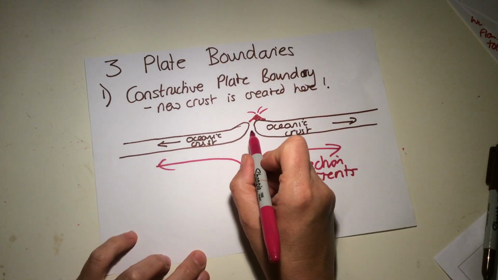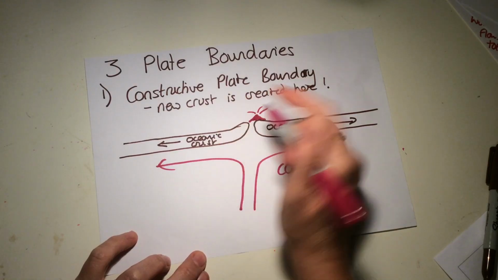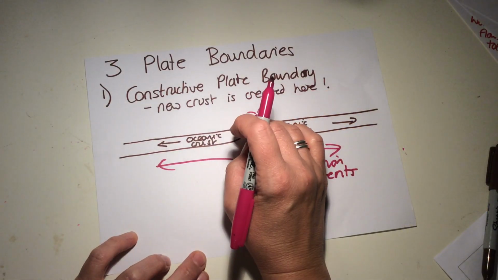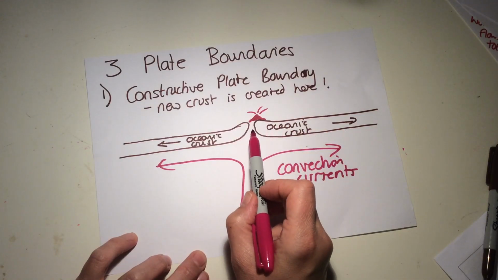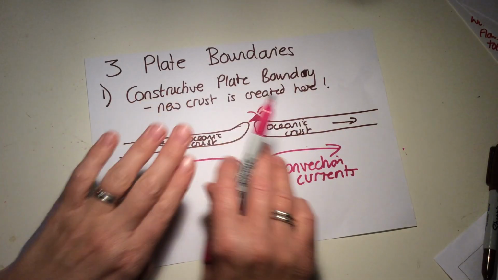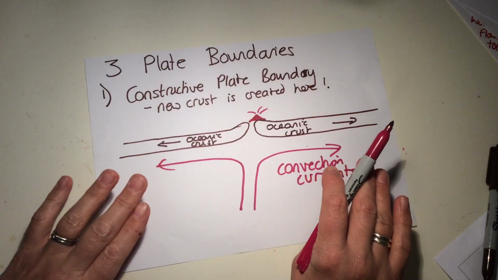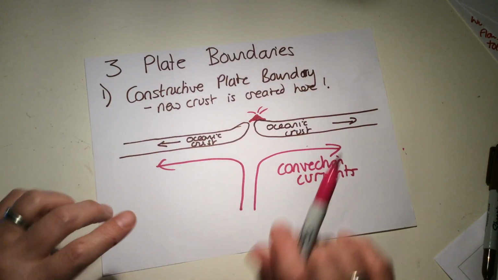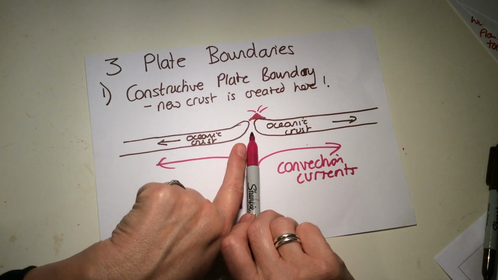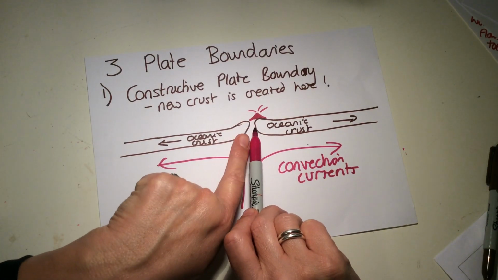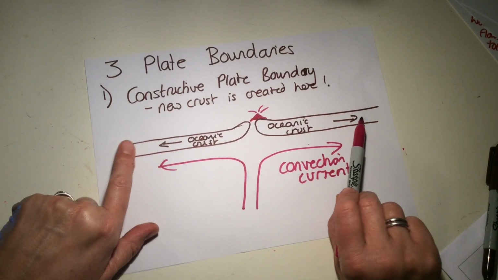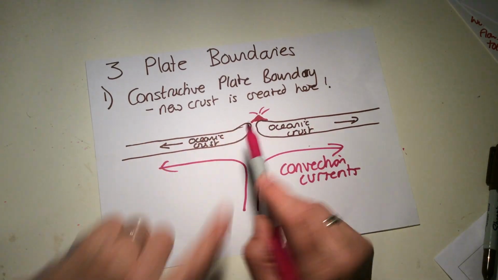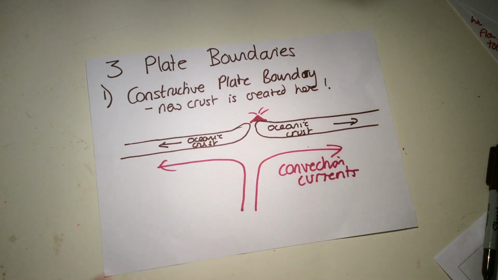As that magma rises up and is erupted from the volcano, it goes hard and creates new crust, which then splits apart. More magma rises up, fills the gap, becomes hard, new crust splits apart. In this way, crust is created here. This crust was created many millions of years ago, this was created more recently, more recently, most recently, right in the middle.